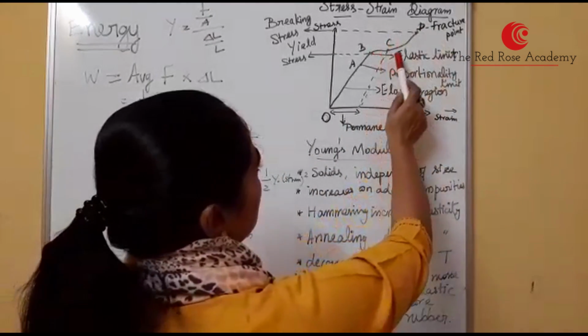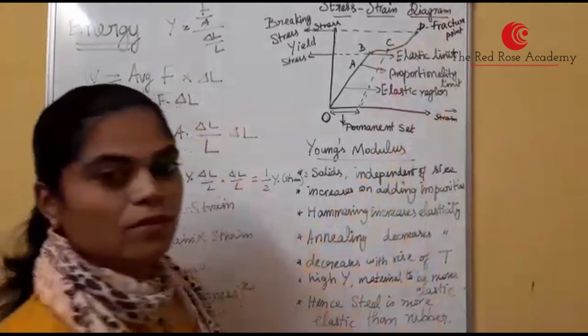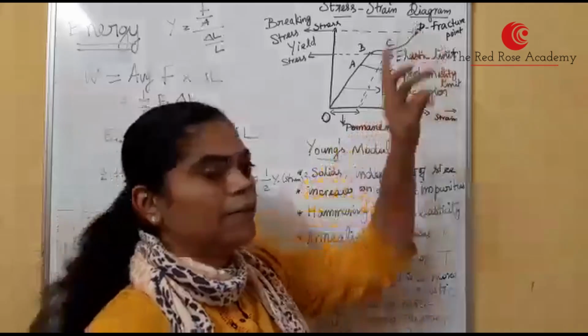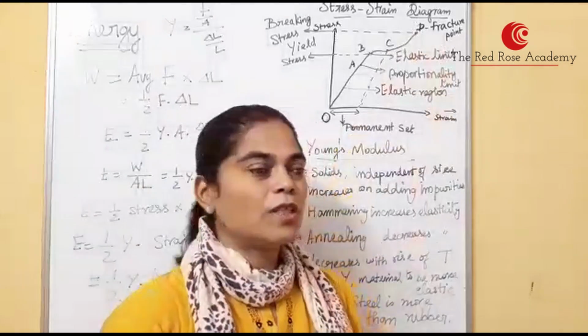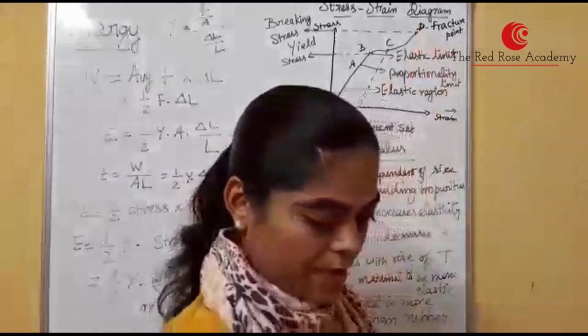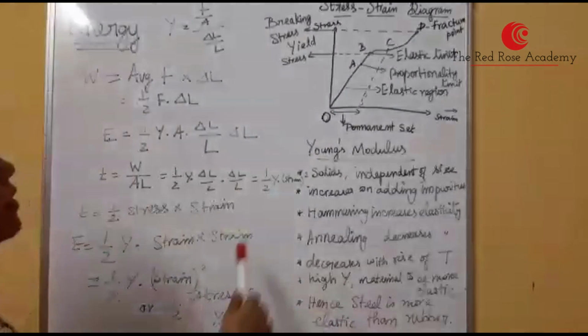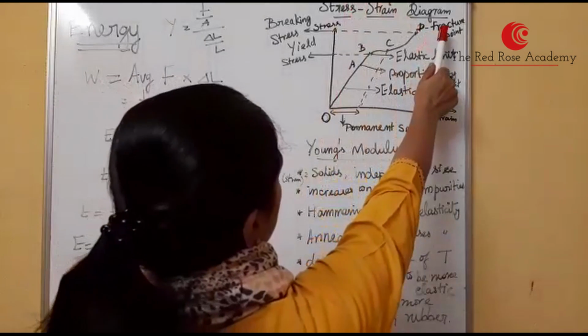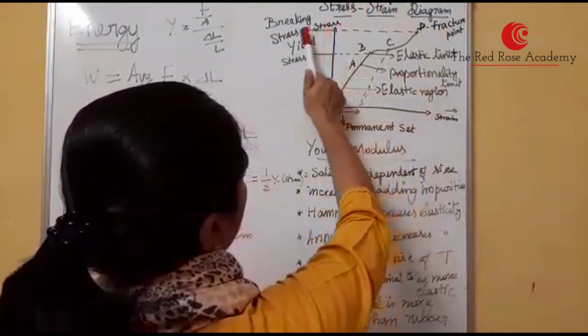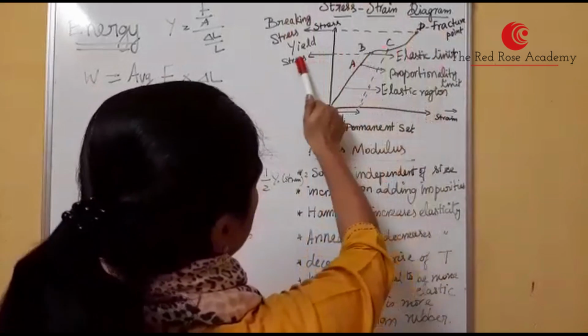Then it reaches D, where D is the fracture point. Here the metallic wire breaks. This D fracture point is the breaking stress, and this B elastic limit is the yield stress.